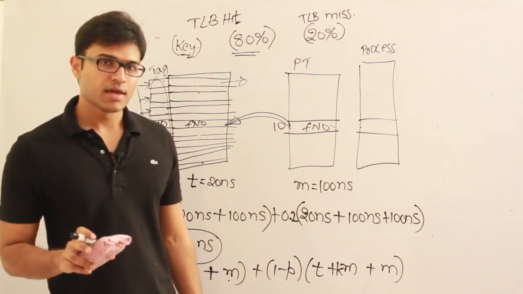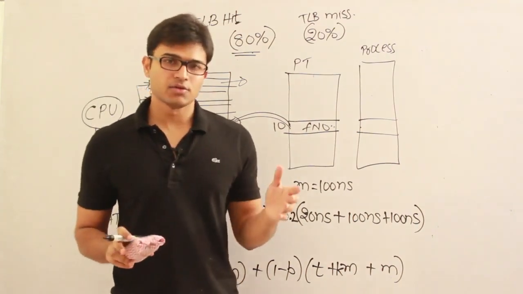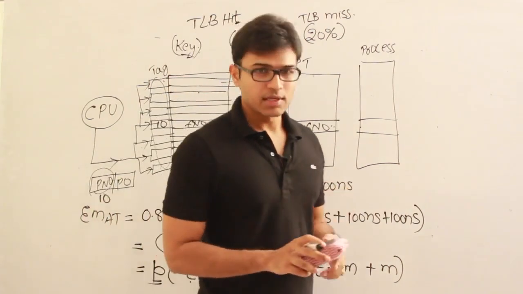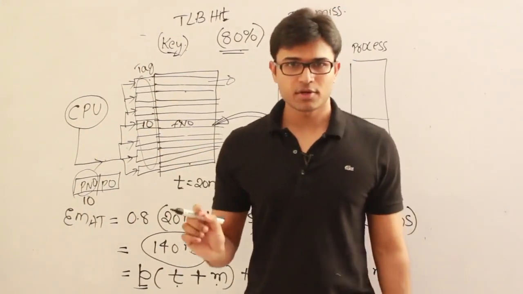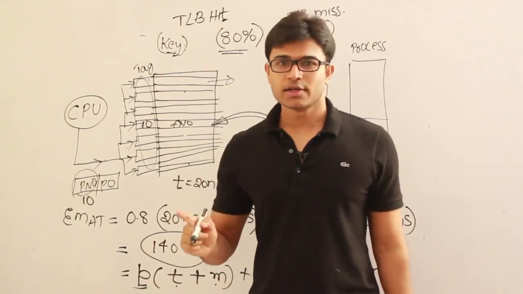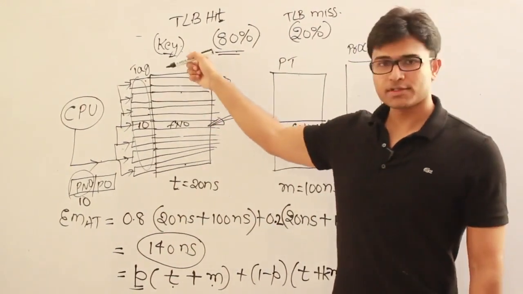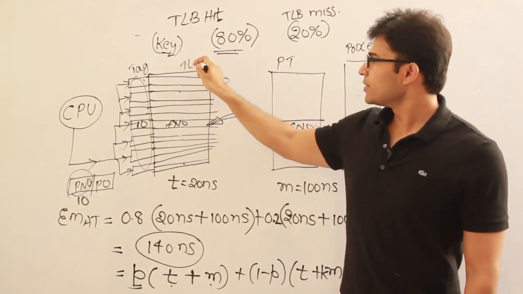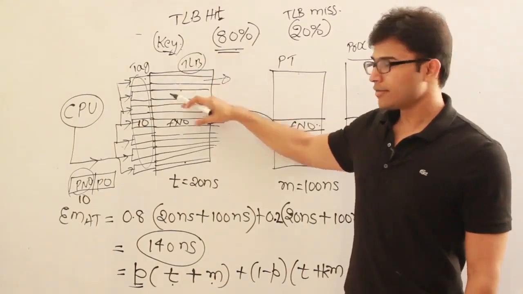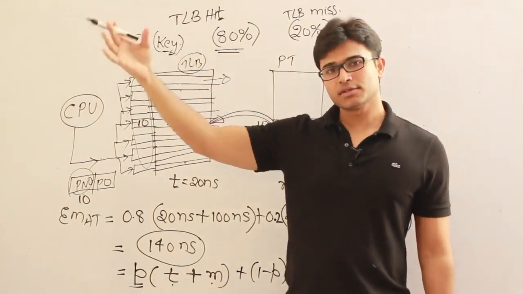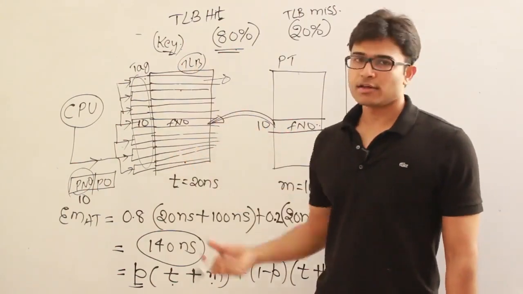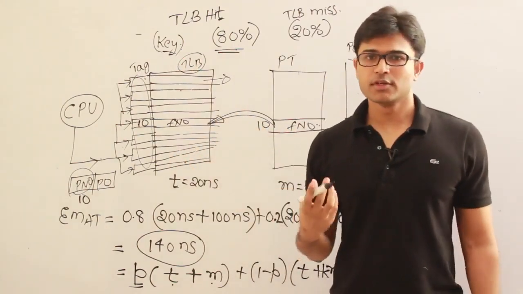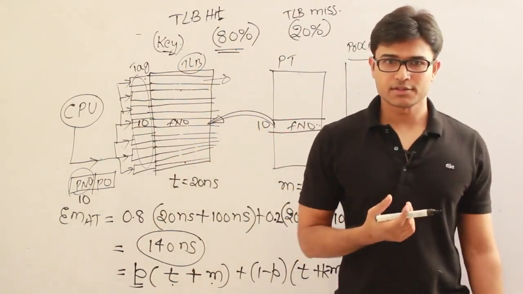One strategy is you can either use the process number along with the page number, or you can make sure that whenever you start a process, you flush the entire TLB by deleting all the entries of the earlier process, so the entire TLB contains only this particular process's addresses, right?